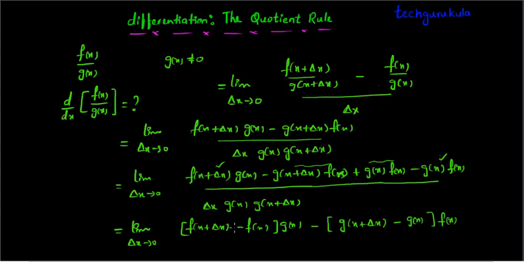In the denominator we write the same term, del x times g of x times g of x plus del x.